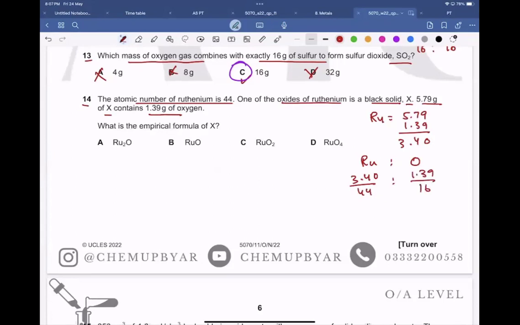Can anyone tell me the values quickly? Can anyone calculate it quickly?